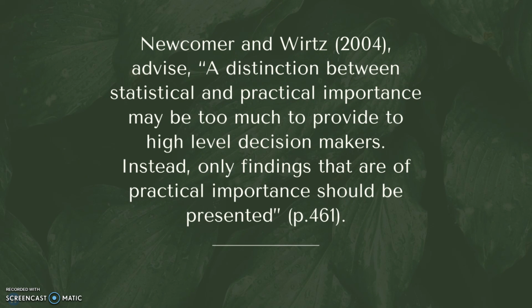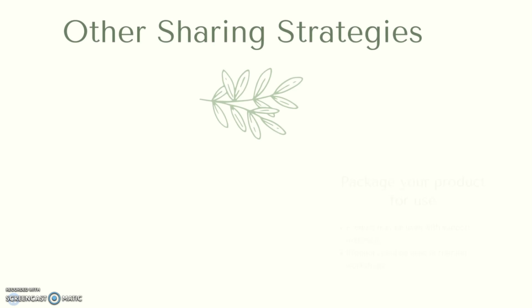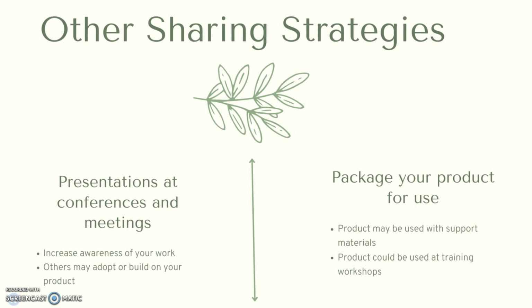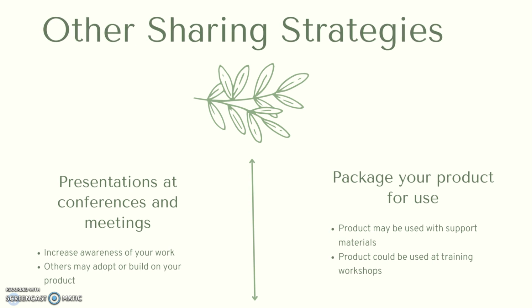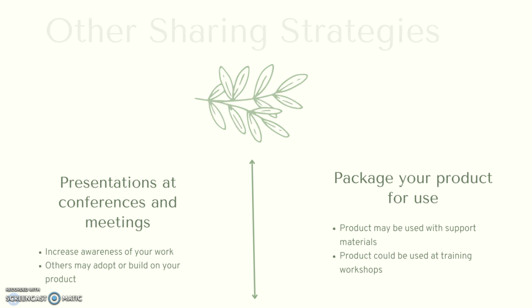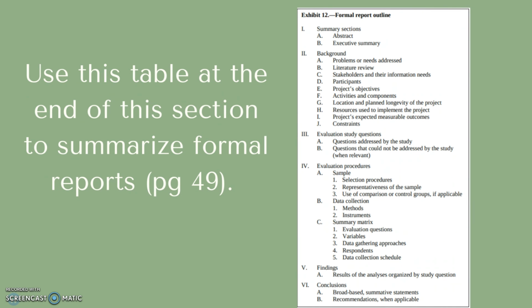Instead, only findings that are of practical importance should be presented. Other sharing strategies include presentations at conference meetings and packaging your product for use. Use this table at the end of the section on page 49 to help summarize formal reports.